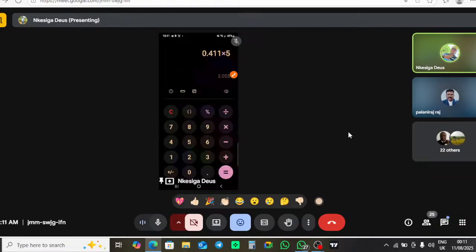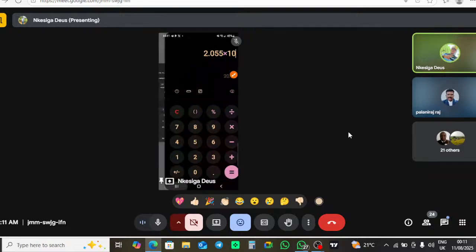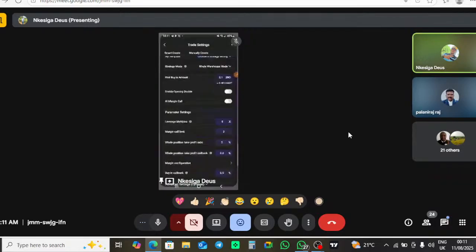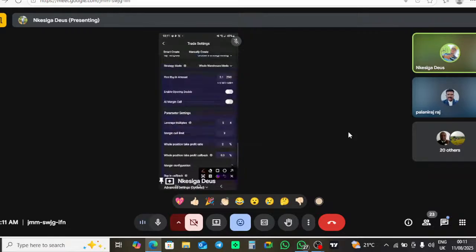So this is the answer, multiply by $10. If you want to use your $10 as the first buy, it means you will be able to buy 20.55 coins or tokens. So the 20.55 is the one that you will bring here at the top.